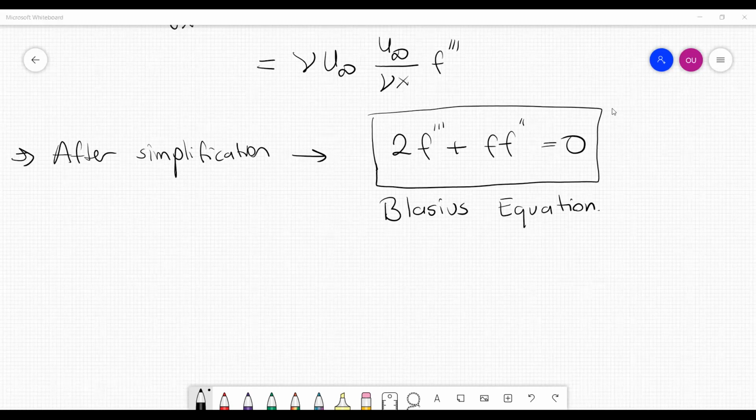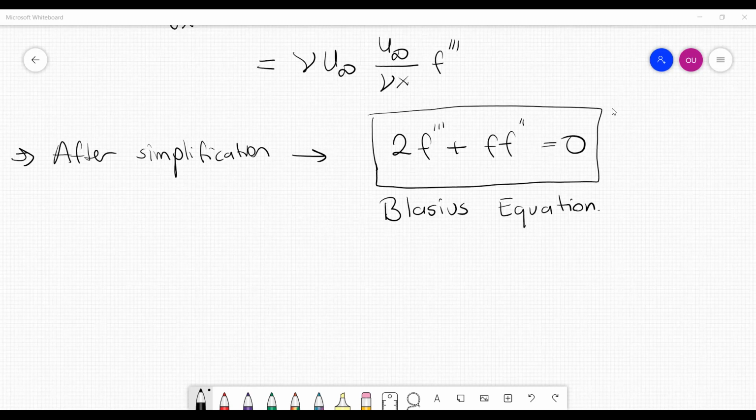Because f is only a function of eta by definition. Wherever we have primes, it means that this is the second derivative of f with respect to eta, and this is the third derivative of f with respect to eta. It's only written in terms of ordinary differentials, and it's only one single equation.